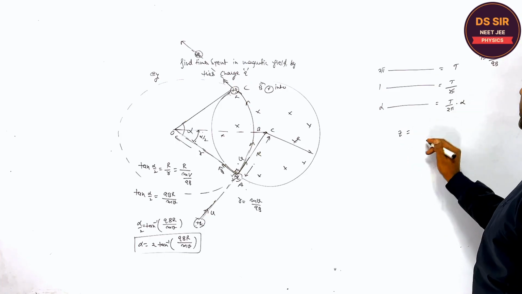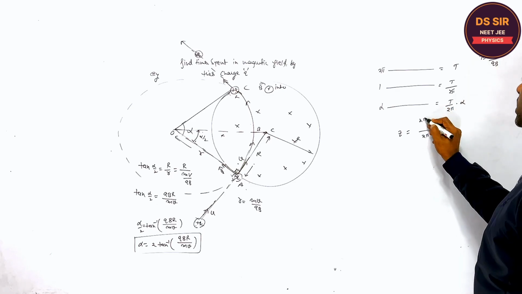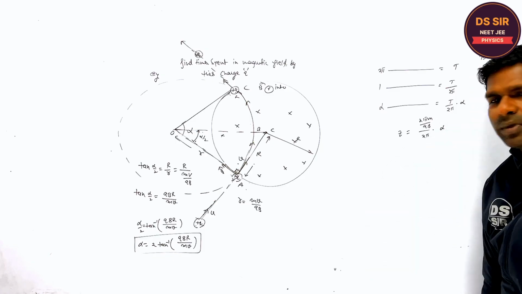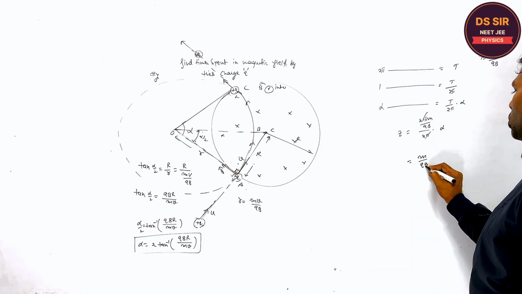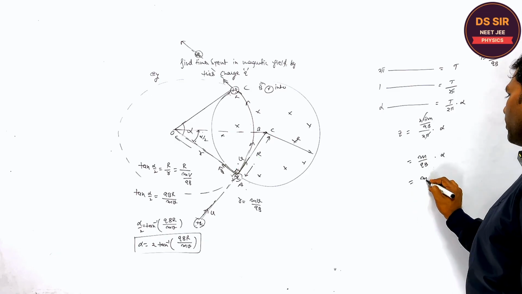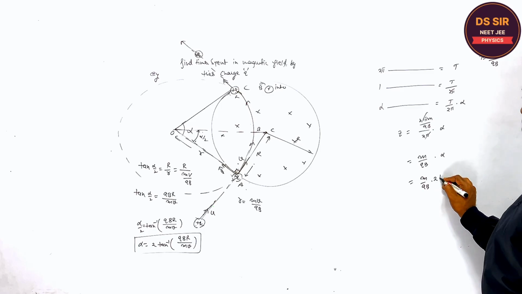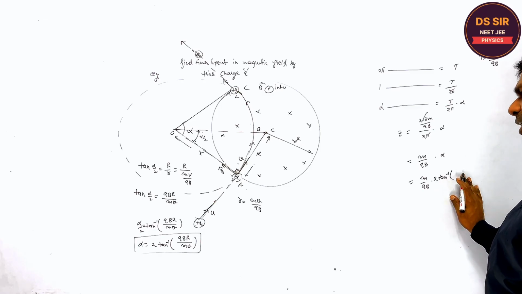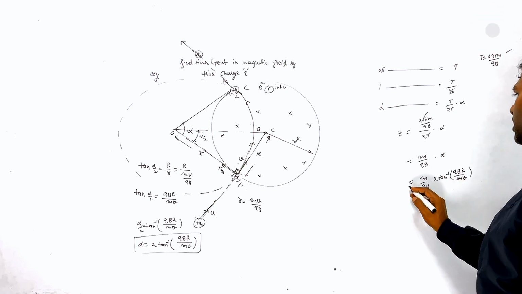So the time spent is T upon 2 pi, where T is 2 pi m upon qB, into alpha. So 2 pi will cancel out, and we get m upon qB into alpha. What is the value of alpha? Alpha value is 2 into tan inverse of qBR upon mv.